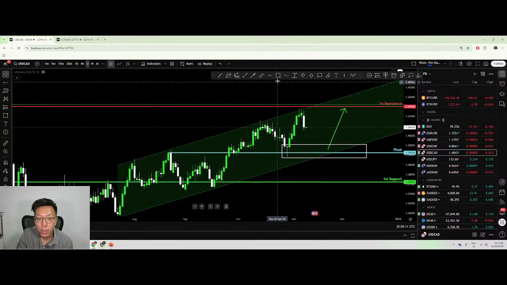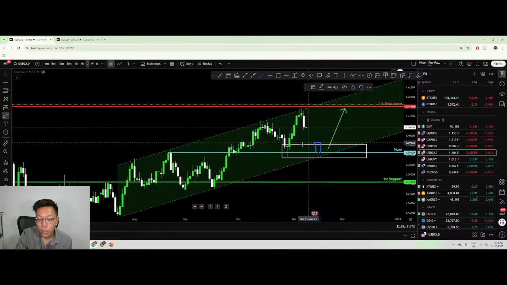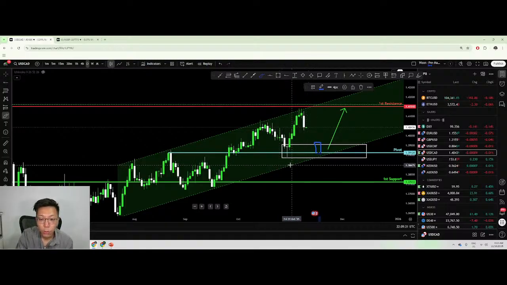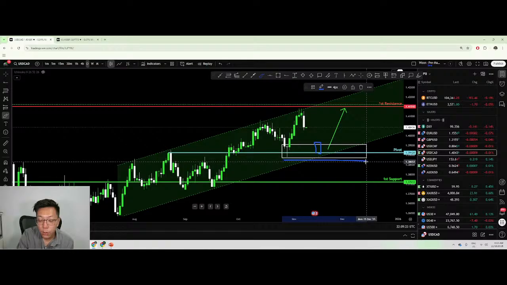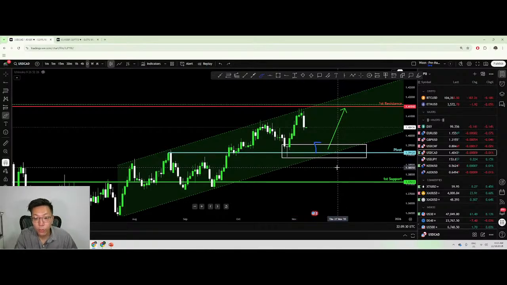So for example, if price reaches this area and closes above our pivot point, then you can enter and see whether you want to put your stop loss below this area, or however you like. You don't really have to follow step by step.